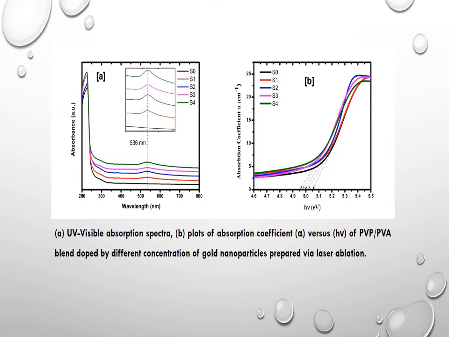This value decreased dramatically as the concentration of gold nanoparticles increased, until reaching the value of 4.88 electron volts for the sample with the highest concentration of gold nanoparticles doped in PVA.